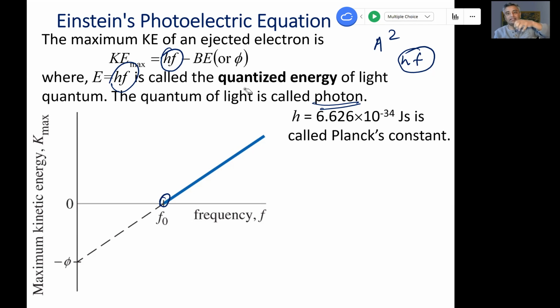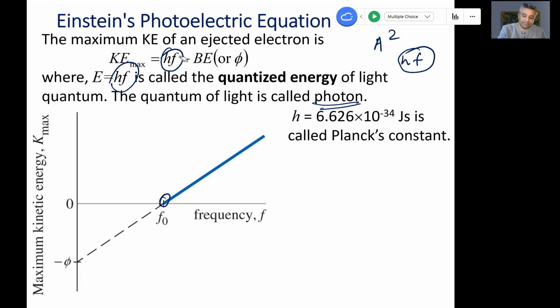So if that energy is enough, then it can pull it out. And if that energy is more than that, this electron is going to get out from there and fly off. An even higher energy photon is going to give it higher speed. So that's why there is higher kinetic energy.